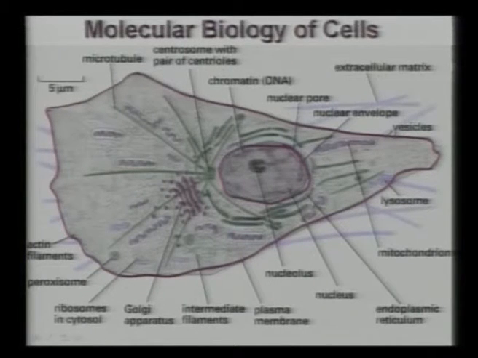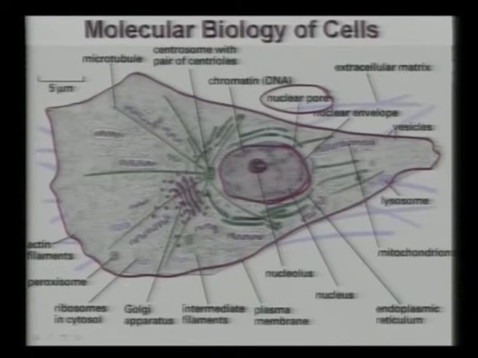The nucleus is again enclosed by the nuclear envelope, and the entire material inside the nucleus is called nucleoplasm. I will come back to this later: the nucleus also has nuclear pores, meaning this membrane is not a very compact layer, it has some pores in it.